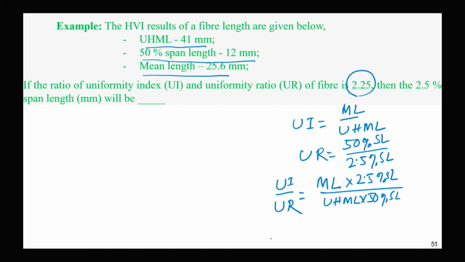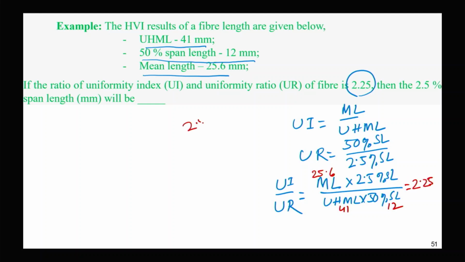The mean length and upper half mean length are given. The upper half mean length here is 41 millimeter, the 50% span length is 12 millimeter, and the mean length is 25.6, and the ratio is equal to 2.25.